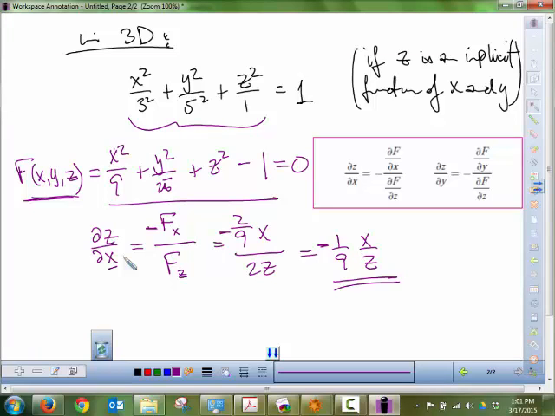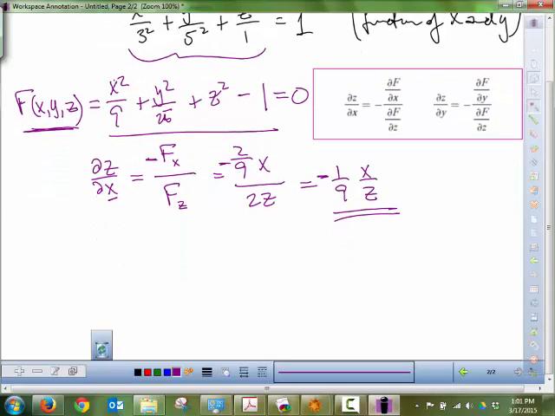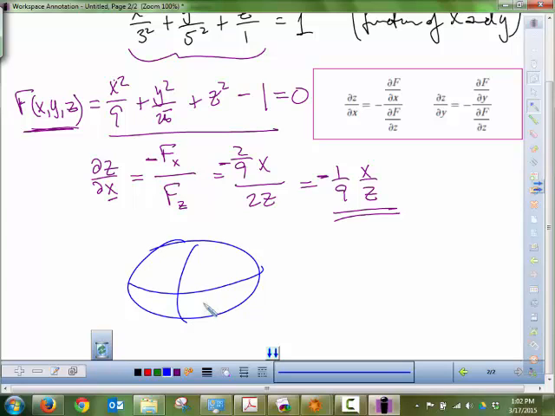All right, so let's see if we can get the visual here. This is an ellipsoid, right? And the relation here is you have a function of x, y, and z all together. And what you could do is you can explicitly solve for z.